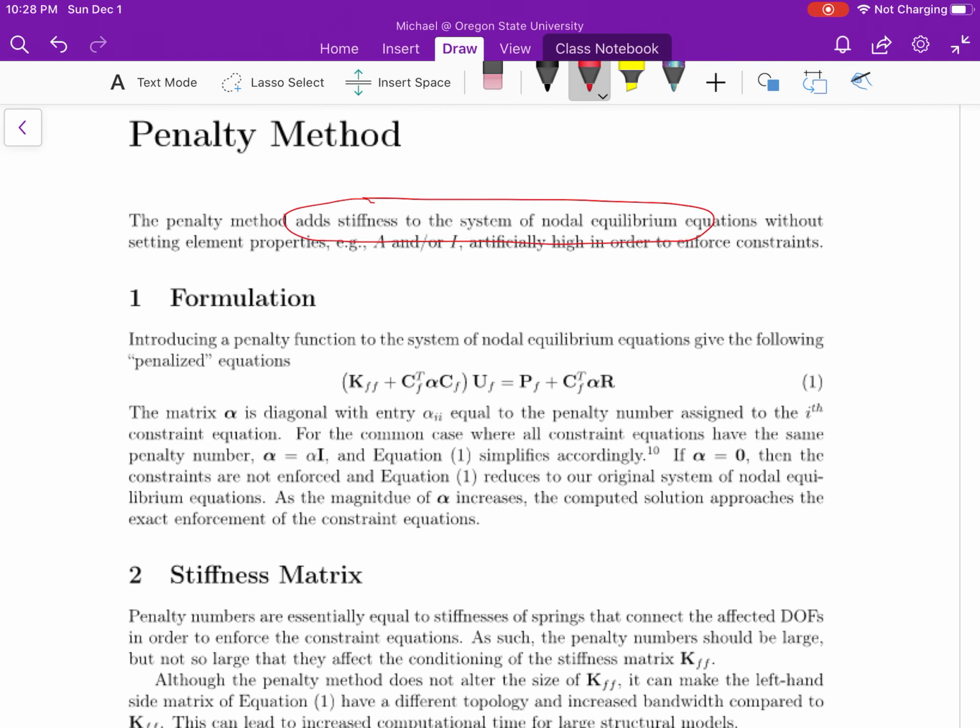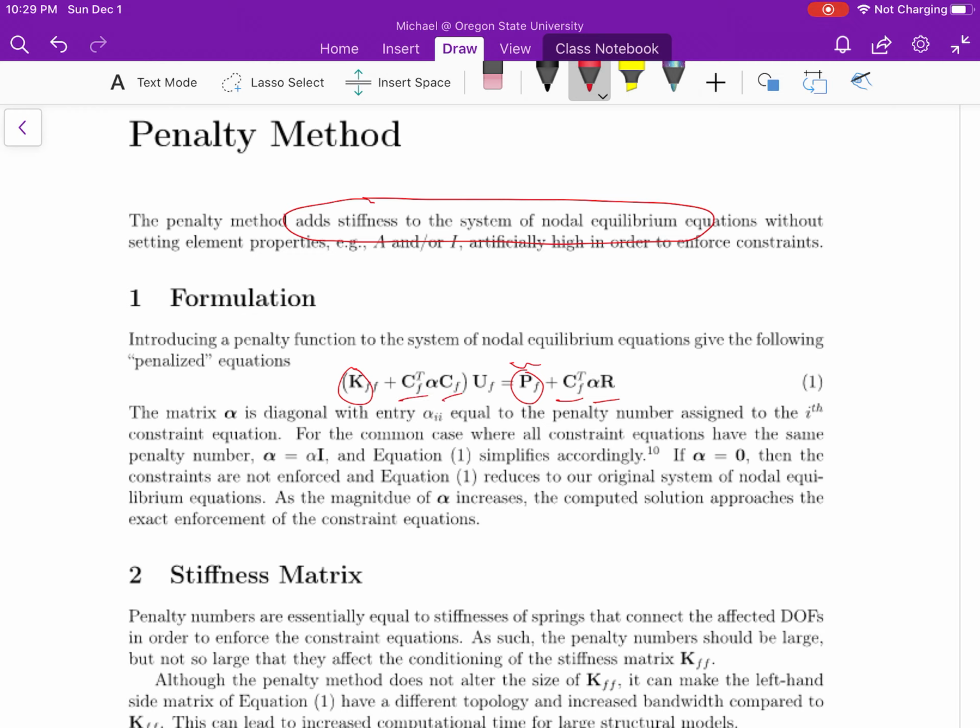So the basic idea behind the penalty method is that we use quantities that we know how to form, like KFF, PF. This contains all the load effects, so that's PF tilde, let's say, as well as CF and R. CF shows up on the left and the right hand side.